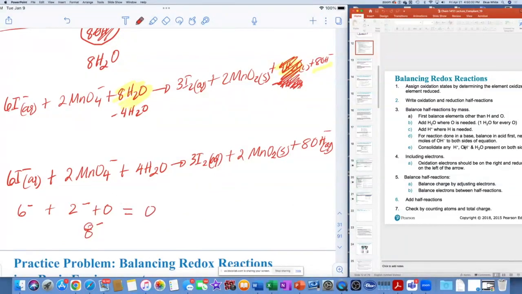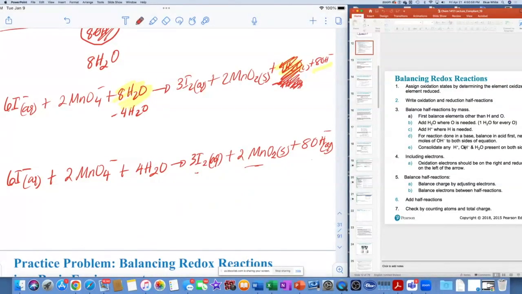On the right side, I have 0 from here, plus 0 from here, plus 8 minus from there. So really, I have 8 minus equals 8 minus. So the charges are balanced. Woo, that was close. That's what I like about this: when you write on this quote unquote board, if you make a mistake, you can just go back and everything displays. On the real board, you can't just press back, right?